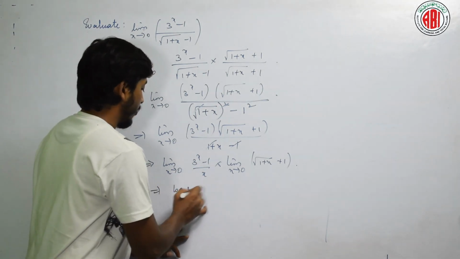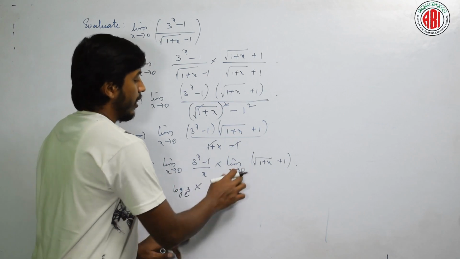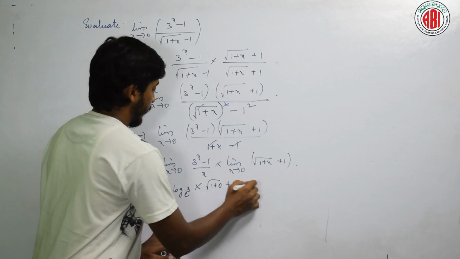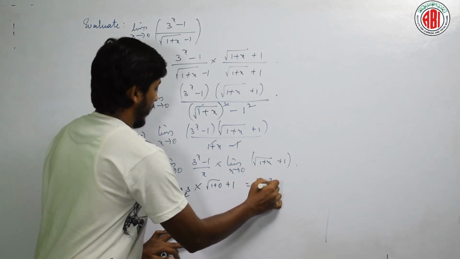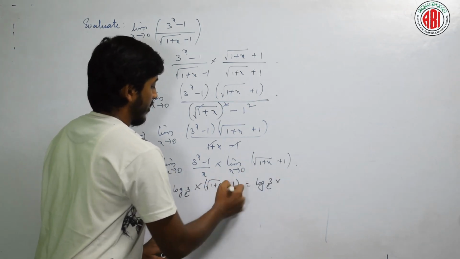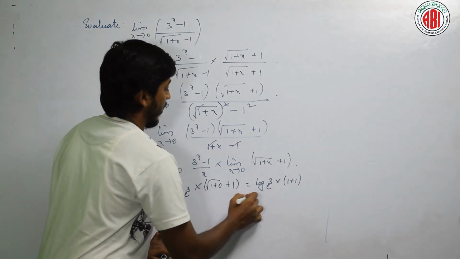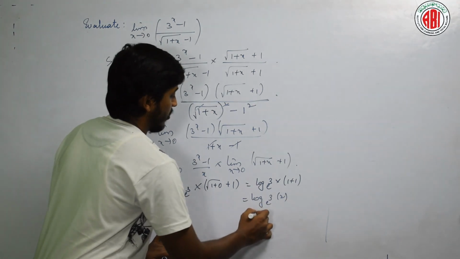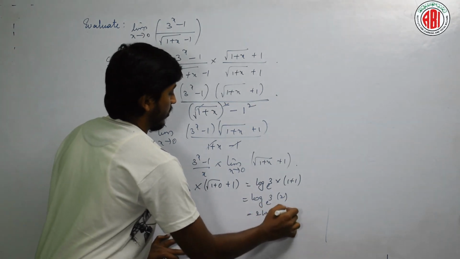So log 3 to the base e into, substituting 0 here, under root 1 plus 0 plus 1. Log 3 to the base e into 1 plus 1, that is log 3 into 2, that is 2 log 3.